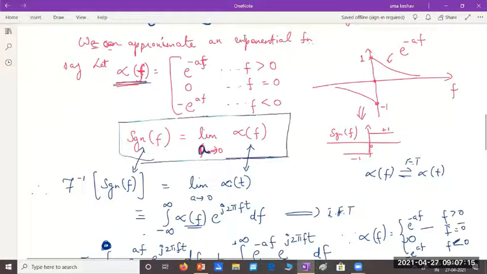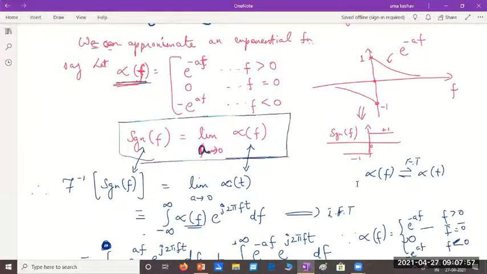After assuming this exponential function, a falling exponential at positive frequencies and a rising exponential at negative frequencies, whenever I took the limit as the scaling value a tends to 0 in these exponentials, this would become the same as the signum function. So I could redefine the signum function in terms of exponential functions, because the signum function does not satisfy Dirichlet's condition for the Fourier transform, and I could not directly find the inverse Fourier transform of h of f.